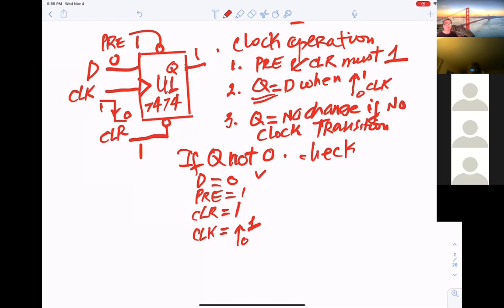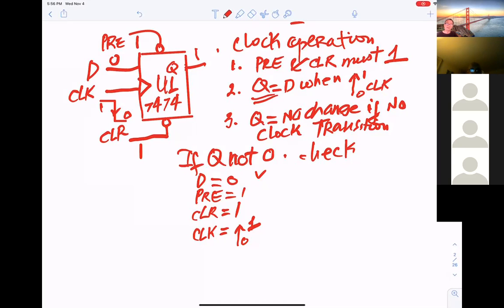What happened to Q? Q equals D. It should stay the same as 1. Perfect, Q is still equal to 1. Why? No transition of the clock?